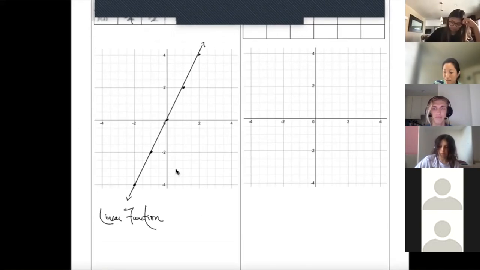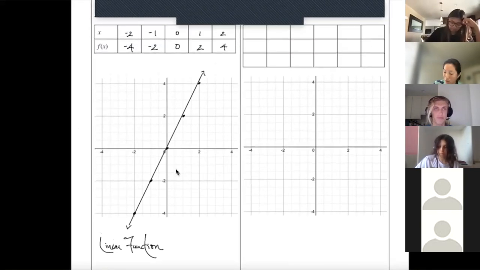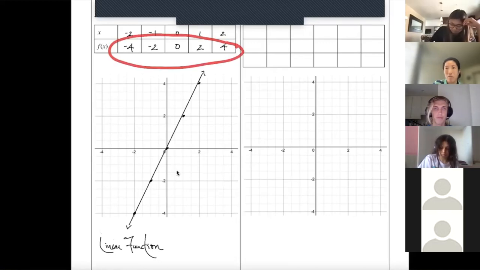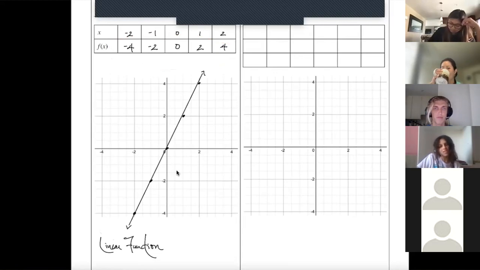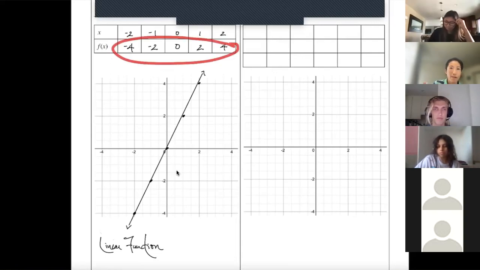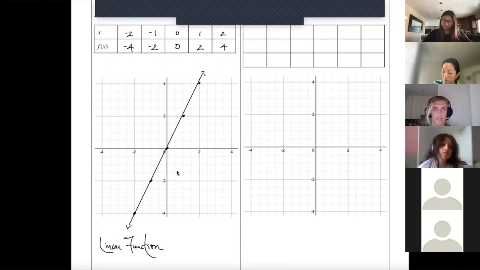One question I have for you is, how could I tell from the table that I'm going to end up with a linear function? To put it simply, you can tell because it goes in a straight line. It does go in a straight line, but how would I know that from the y values that I have in my table?